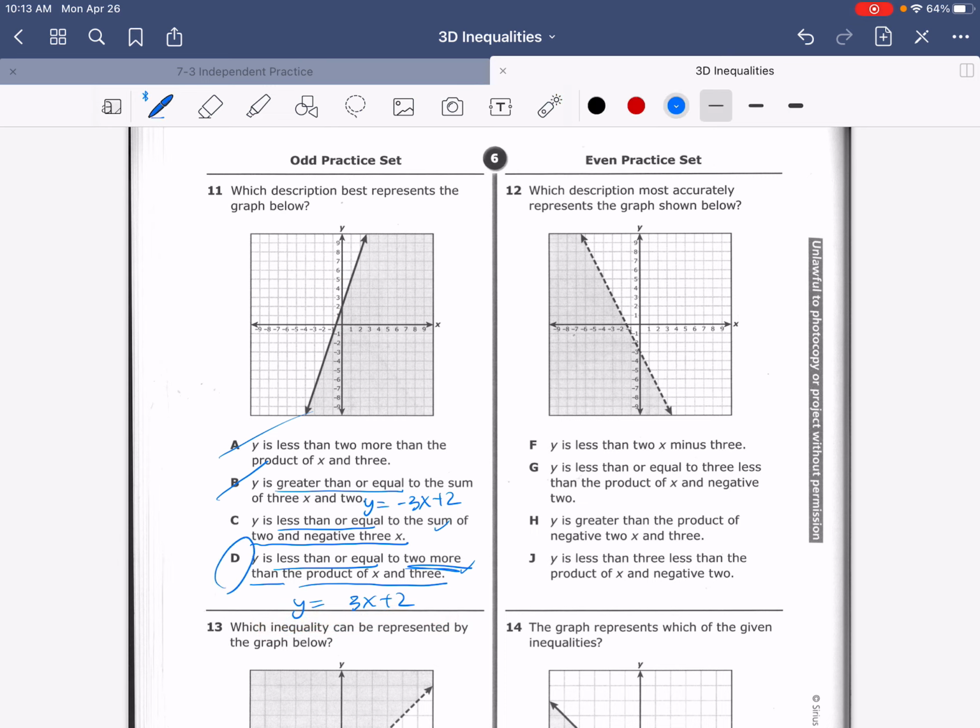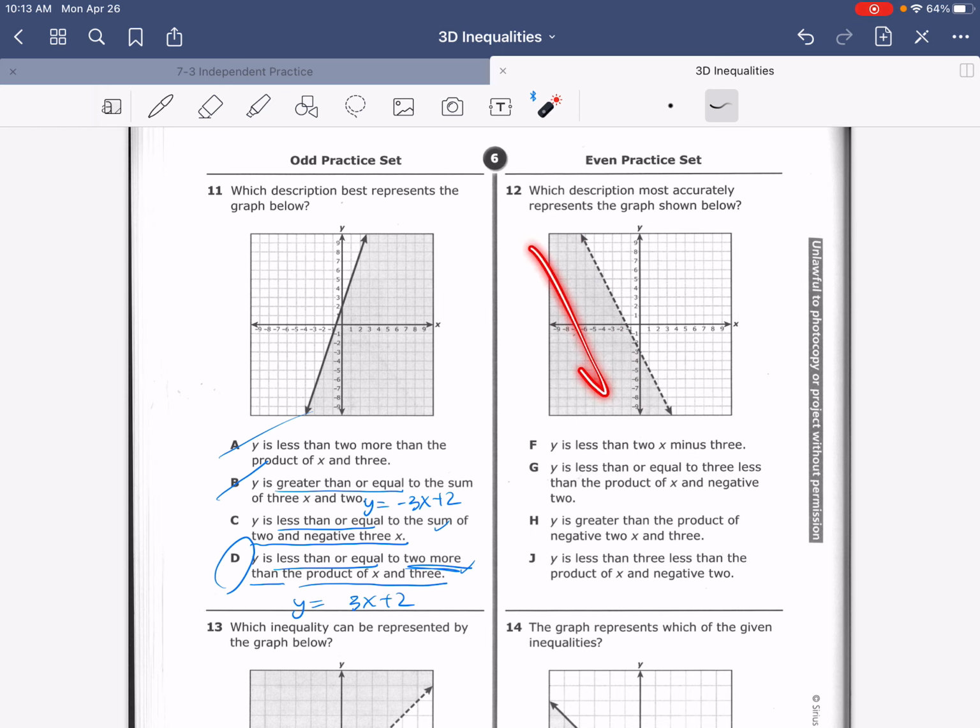So try question number 12 by yourself. You should be able to eliminate two answer choices, right? It's shaded bottom part, downside, so it should be less than, and since it is a dashed line, it cannot be equal to.